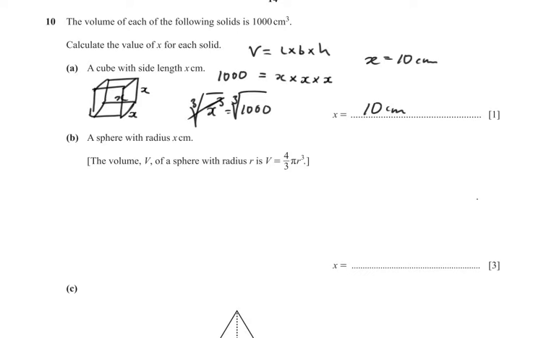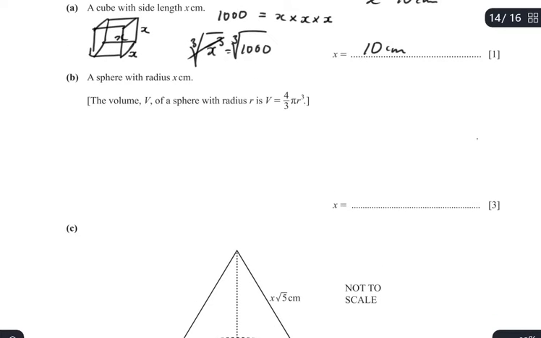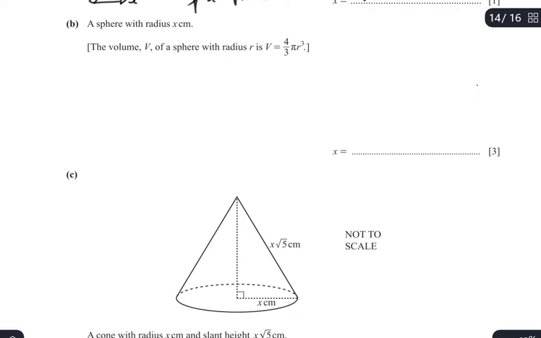Now let's look at question number 2. Question number 2 says a sphere with radius x centimeters. So we've got a sphere with radius x centimeters, and they've given us what the volume of a sphere is. I'm going to draw a sketch of what I feel is a sphere. Now this sphere has got radius x centimeters.